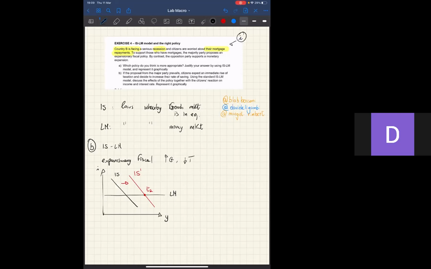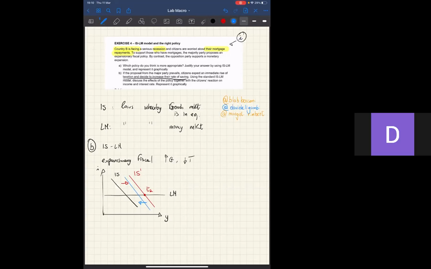Even though the government has enacted an expansionary fiscal policy, the effect of this fiscal policy is actually going to be limited and hampered by expectations. Citizens are basically expecting the government to go back on their proposal. So the IS curve should shift again towards the left.